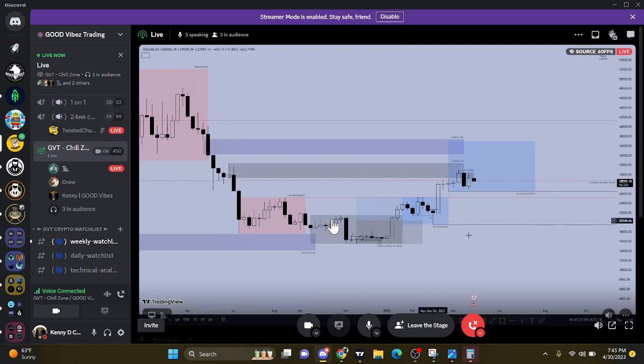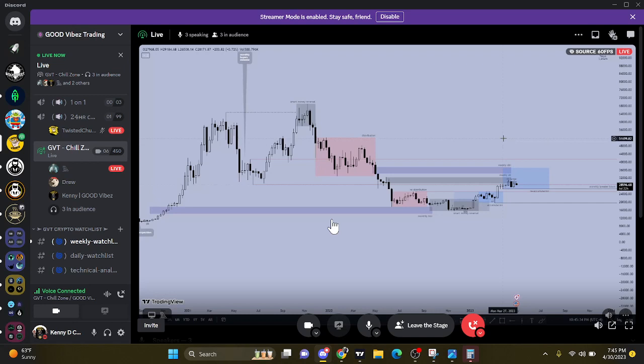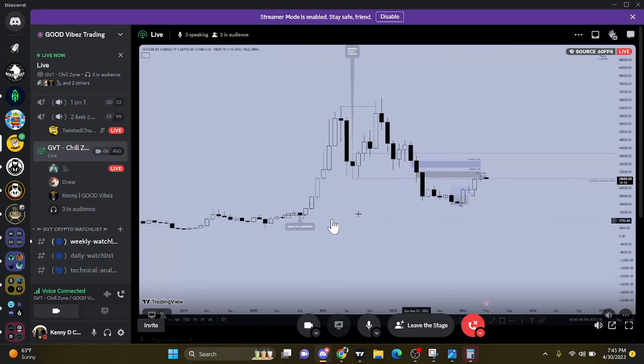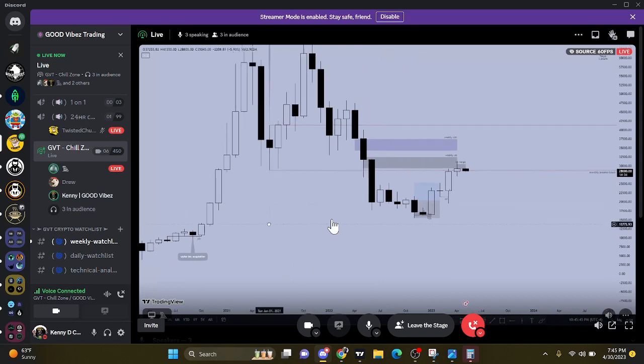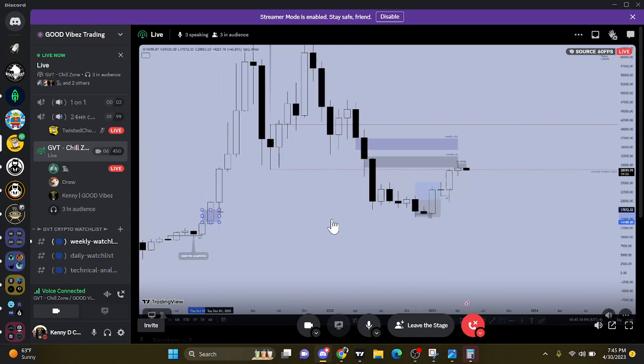The algorithm pushed price down here to a predetermined level, which is a monthly level. You can know this ahead of time because you can see where the price is at: where we are now, where we were coming from, and where we're likely to go. This is where the Terra crash pushed price down into.